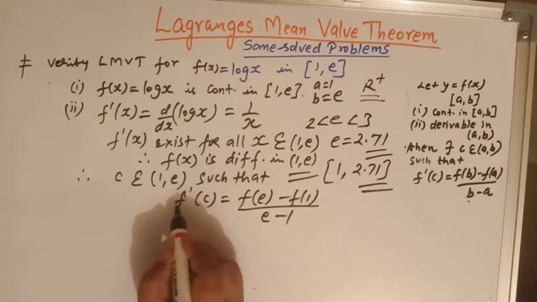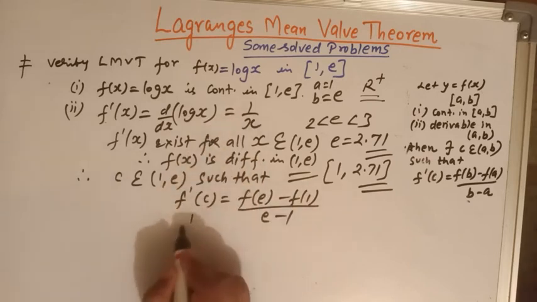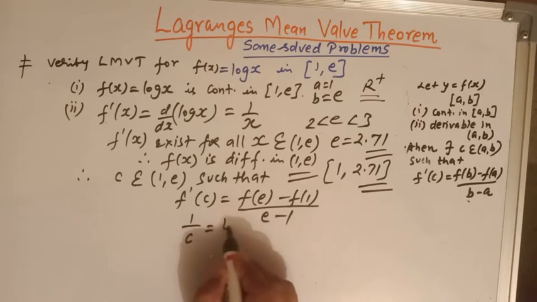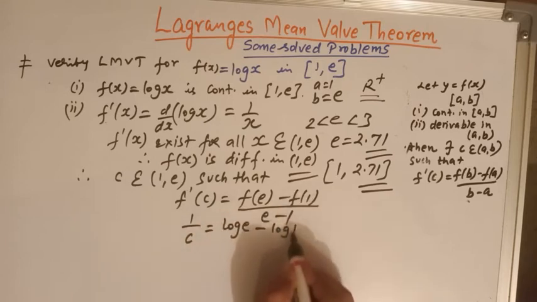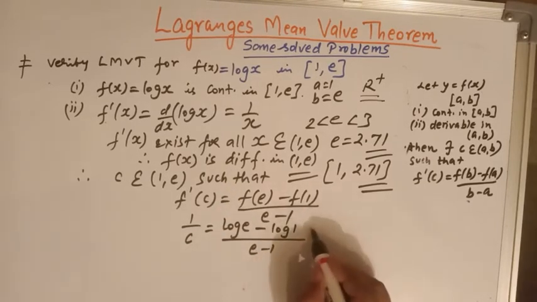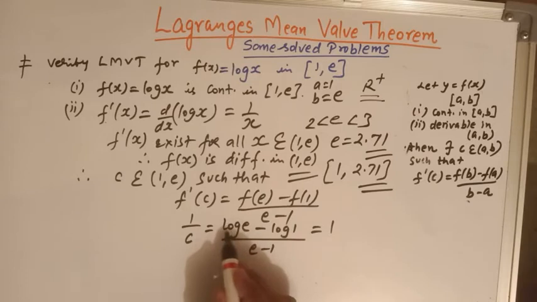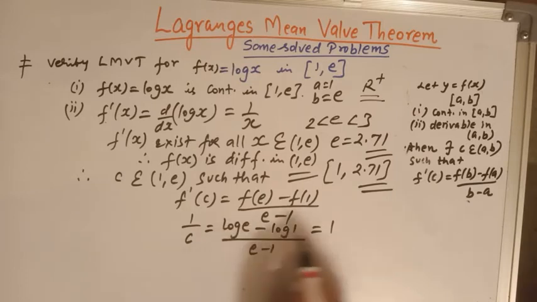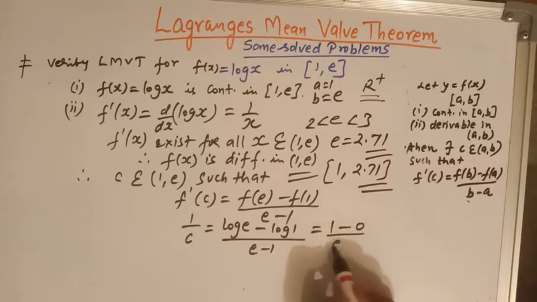Clear? So f prime of c is given by this expression. So we have 1 over c, and here f(e) means log of e minus f(1) means log of 1, divided by e minus 1. Now log of e is given as 1 because the value of log e is 1 and the value of log 1 is 0, so we have e minus 1.